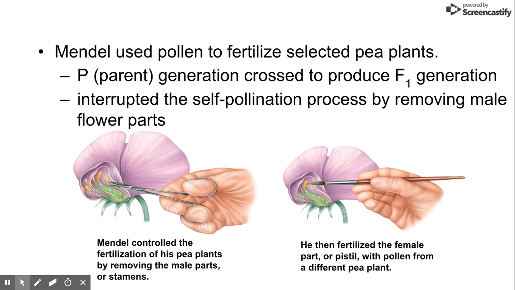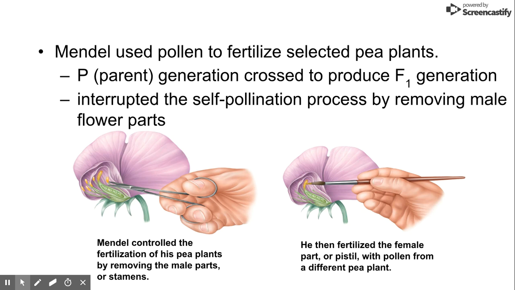So he would take his parent generation of pea plants and cross them, and that created the F1 generation. F1 stands for offspring 1, the first offspring generation. He prevented these plants from self-fertilizing, and he controlled fertilization.